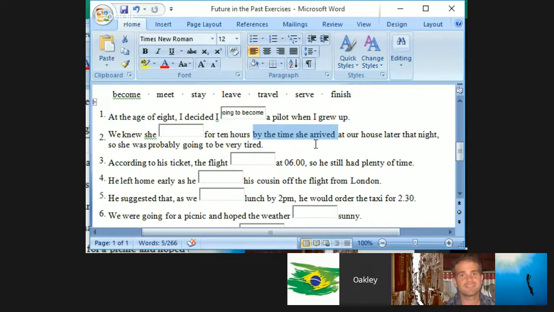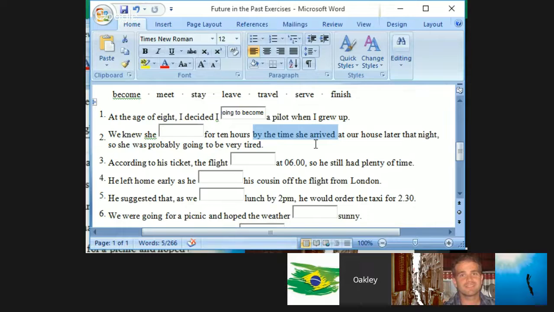So in the past, this was an event that was going to happen before another specific time in the future. So what verb tense do we use in normal language when we want to express the idea of something happening before a specific time? The simple past? No, future tense.